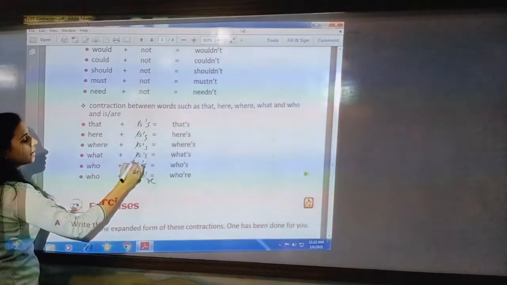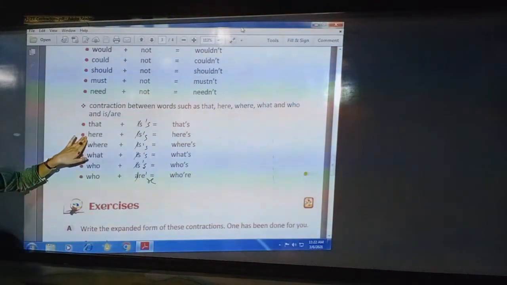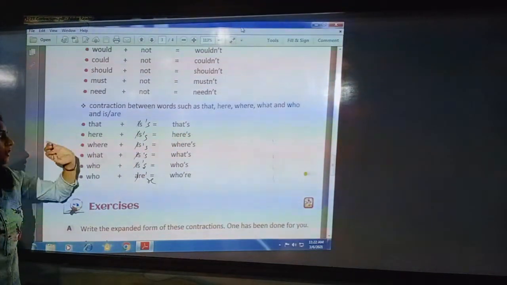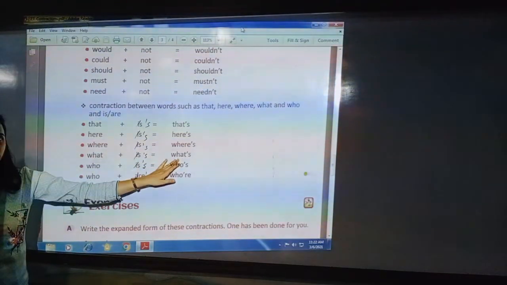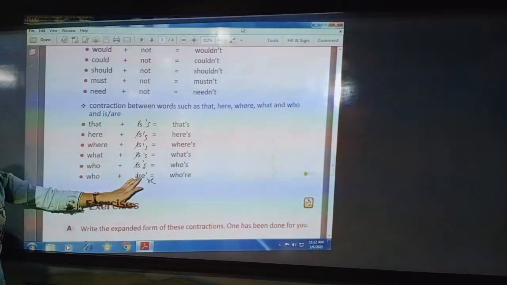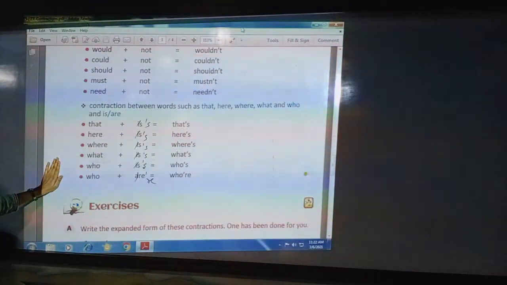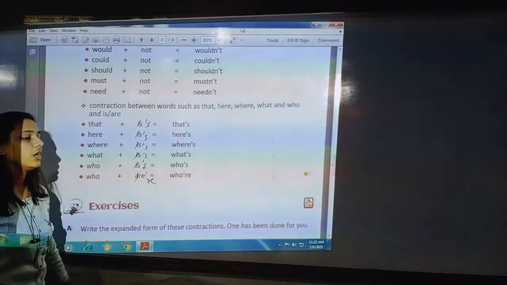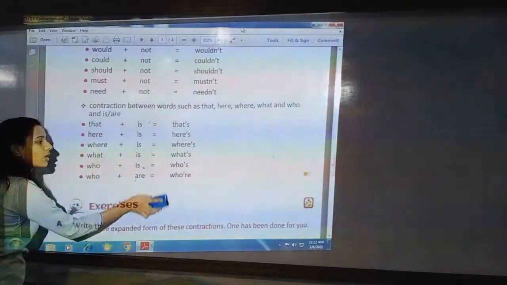Now it will be apostrophe S and apostrophe RE. So it will be written as that apostrophe S, that's. Here apostrophe S, here's. Where apostrophe S, where's. What apostrophe S, what's. Who apostrophe S, who's. Who apostrophe D, who'd. So in this way the contraction is done. I hope now the rules are clear to you, how you have to make the contraction.